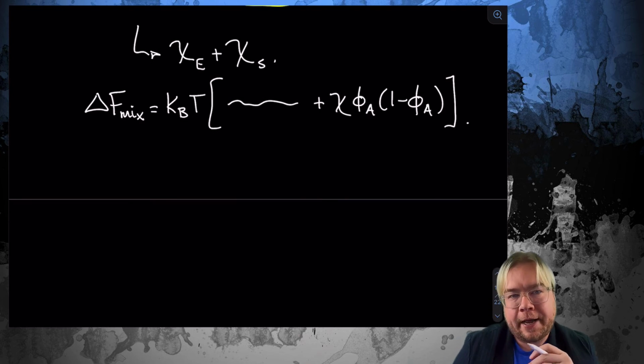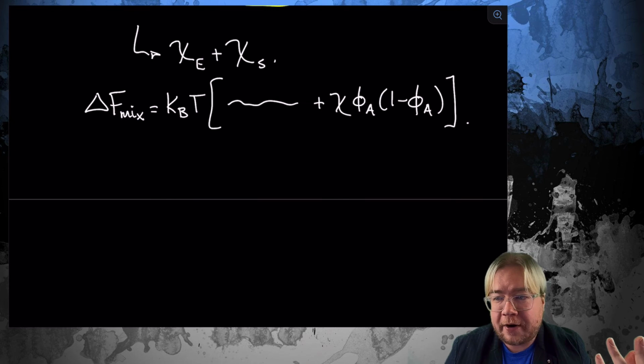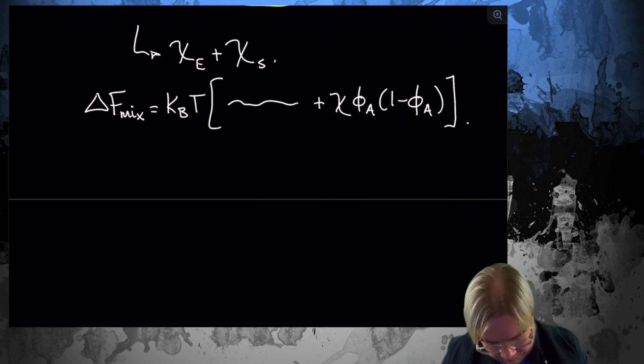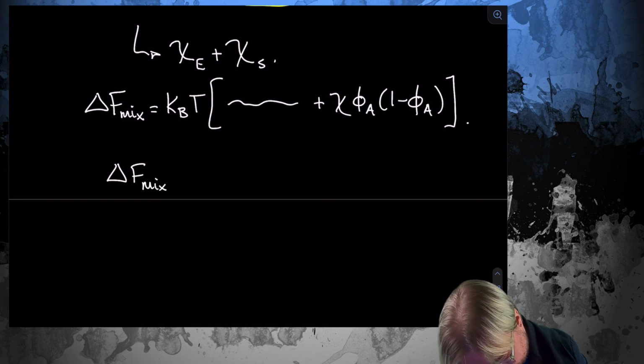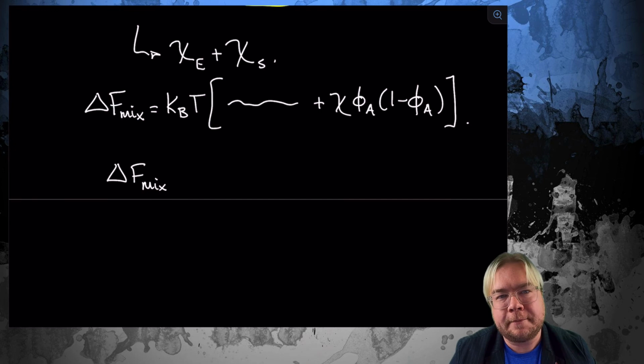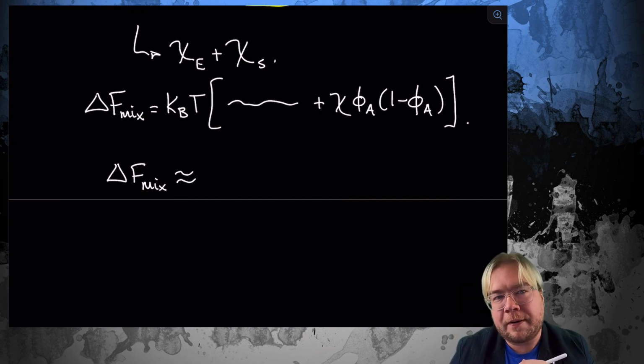So let's just look at chi, because the volume fractions are just the volume fractions. We will discuss what the volume fractions mean later. But if we just look at delta F mix, at least for a polymer, those entropic terms are about 0.